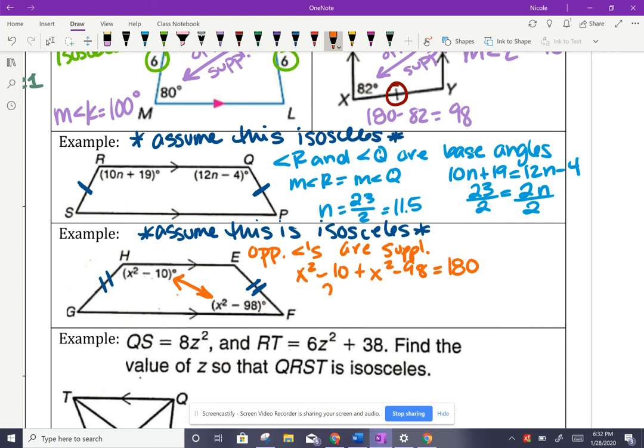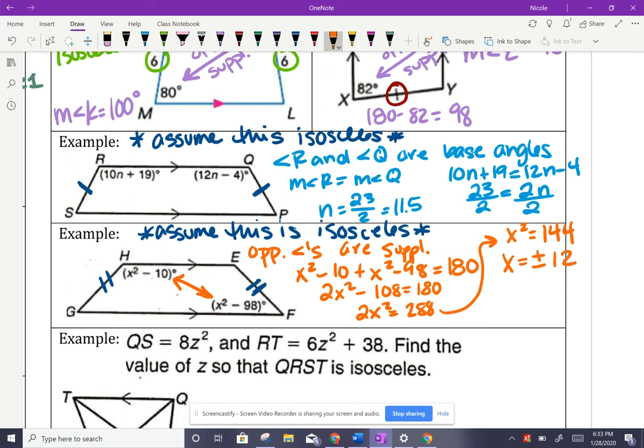Combine my like terms, and I have 2x squared minus 108 equals 180. Move that 108 over, and I'm left with 2x squared equals 288. Divide by 2, and we have x squared equals 144. Square root both sides, you get x is equal to plus or minus 12.